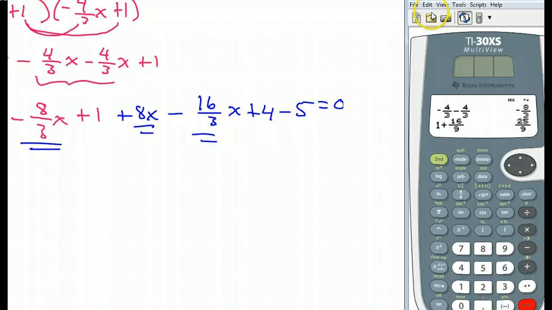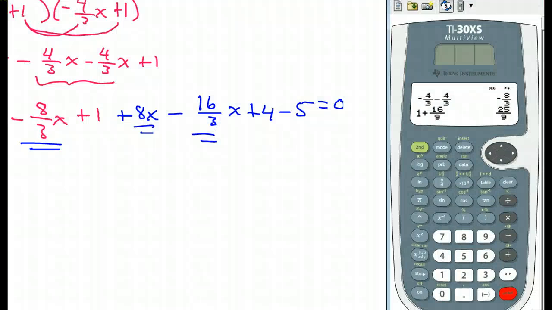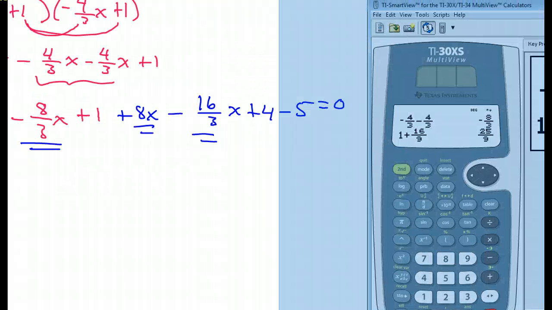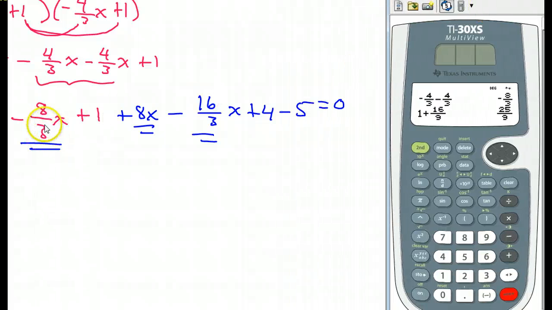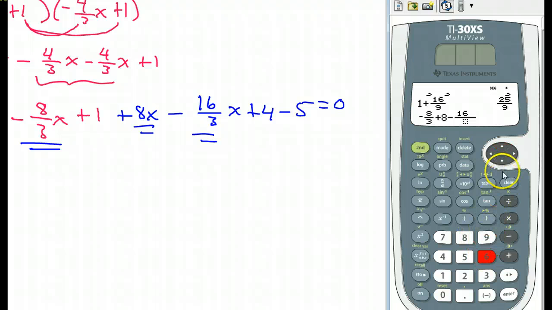So I'm doing these three things. Negative 8 over 3 plus 8 minus 16 over 3.